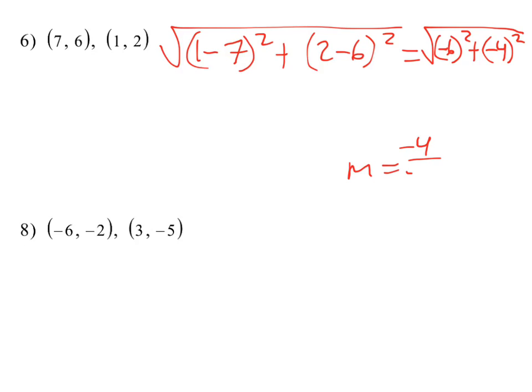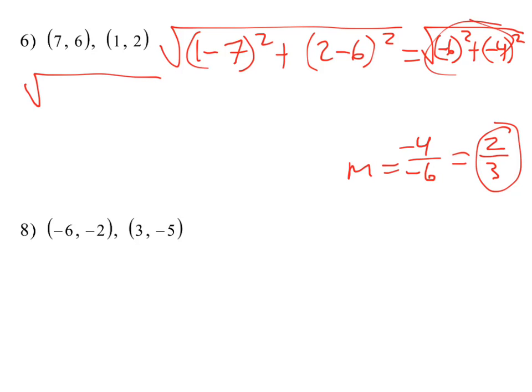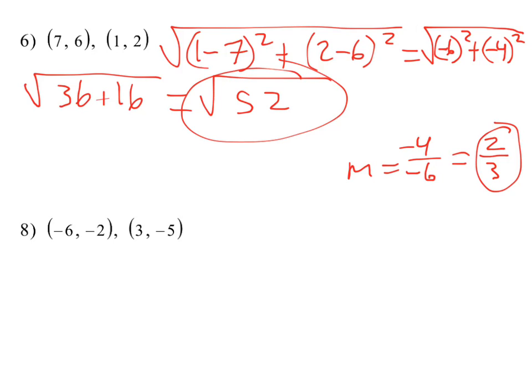And then the run is going to be the negative 6 part, so if you divide top and bottom by 2, you're going to get 2 and 3, and the negatives cancel out, so you get 2/3. Negative 6 squared, so back to the distance part. Negative 6 squared is 36, and negative 4 squared is 16 positive. When you add them up, you get 52. So that's the square root of 52.